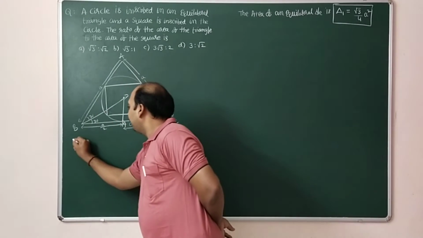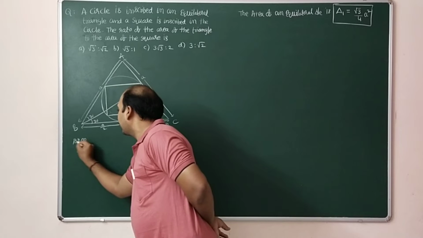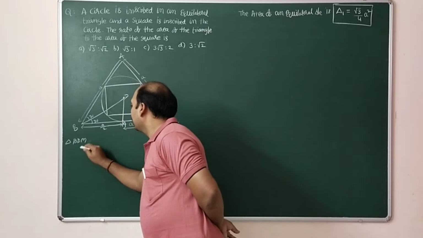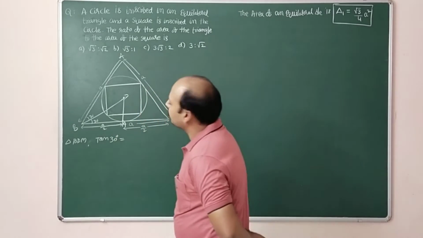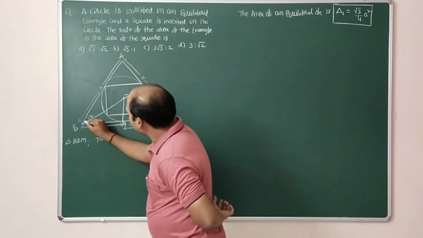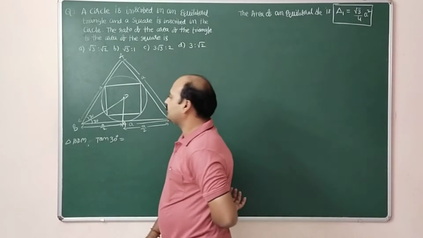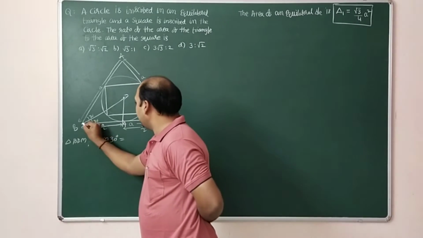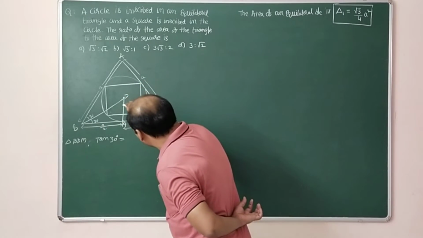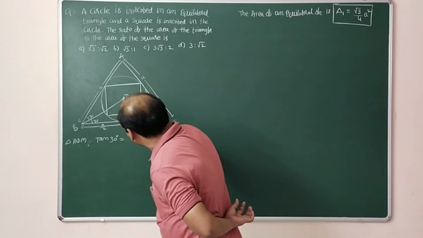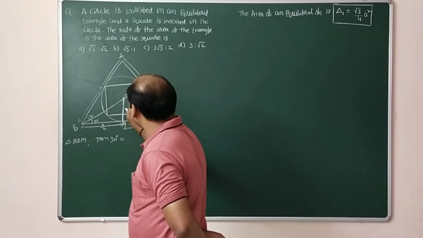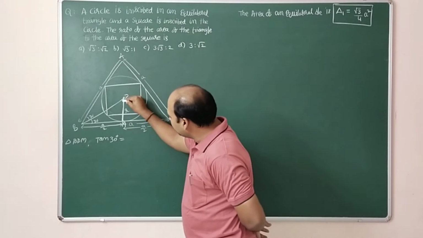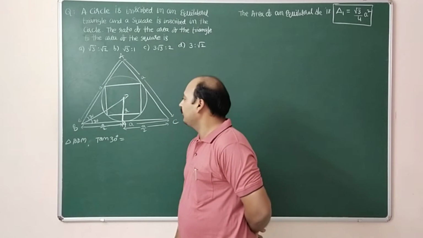From triangle BDM, tan 30 is equal to... Sir, why are you taking tan 30? From here to here this is A. From here to here it is the radius only, no? The radius R. From here to here it is the radius of the circle.